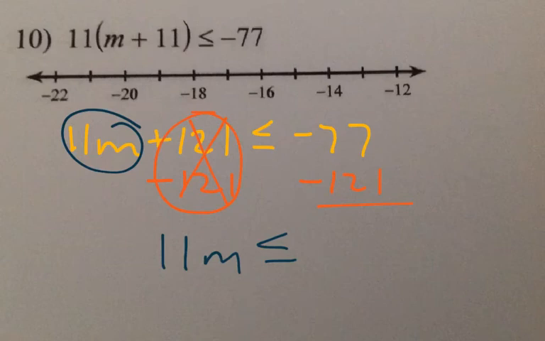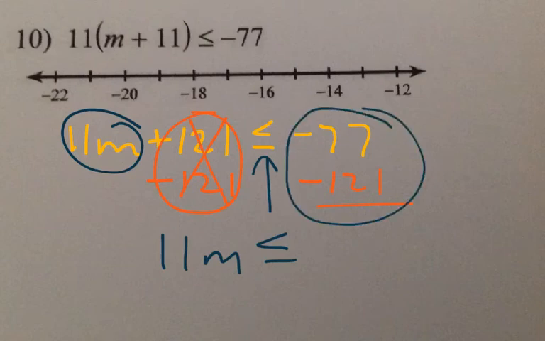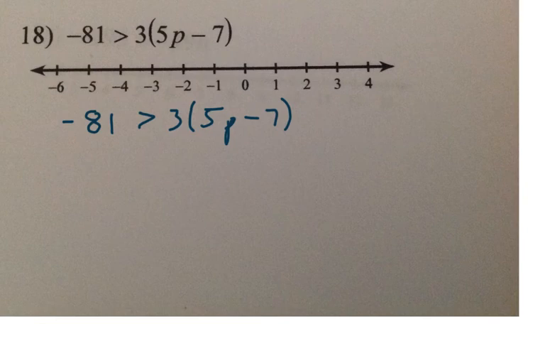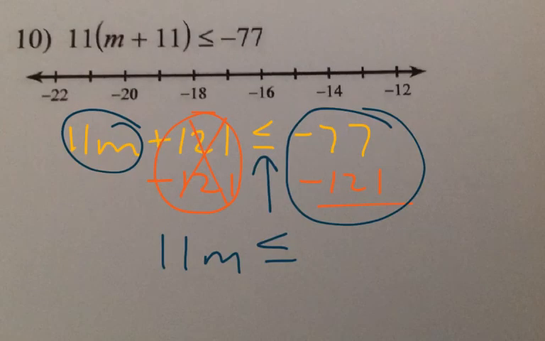Whenever you add or subtract, guys, this will not flip, so it still stays less than or equal to. Now what about this right here? How about we just use our calculator to make sure? Notice that negative 77 minus 121 is negative 198.